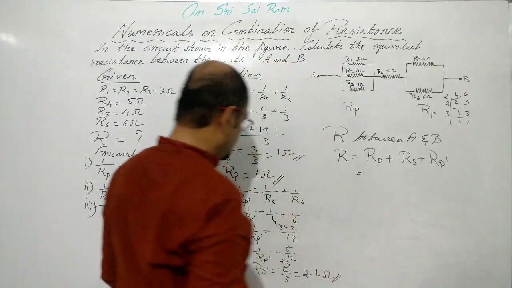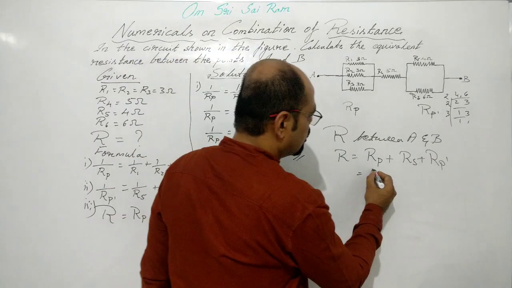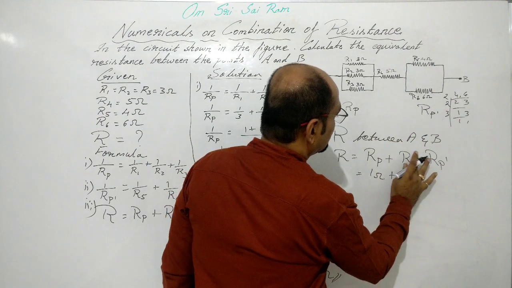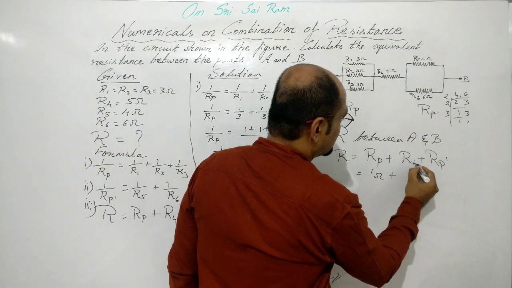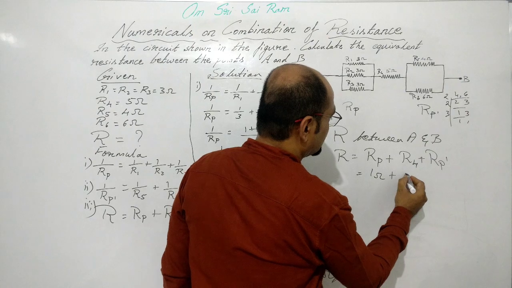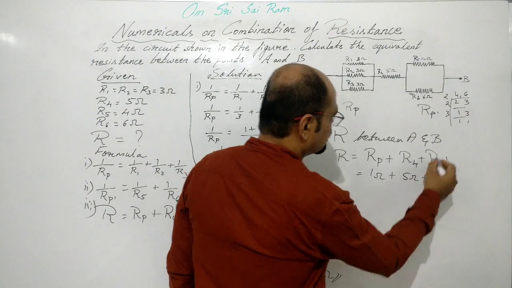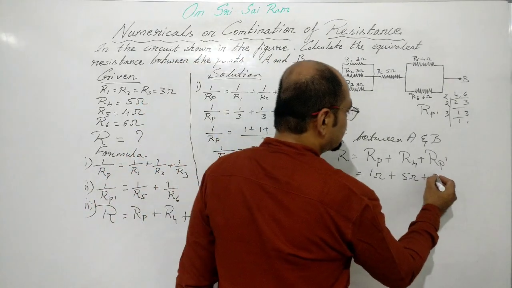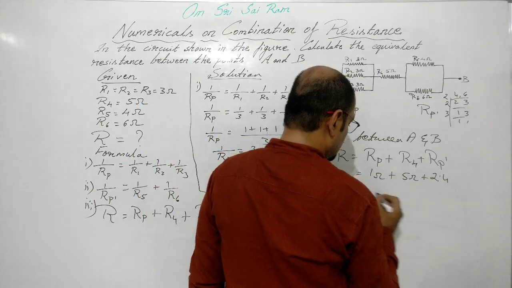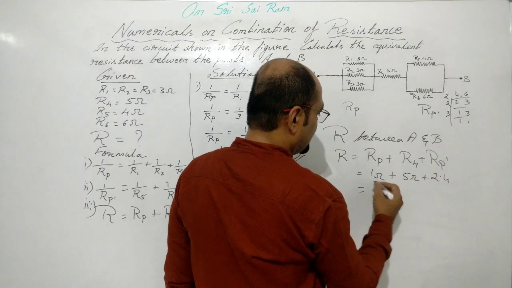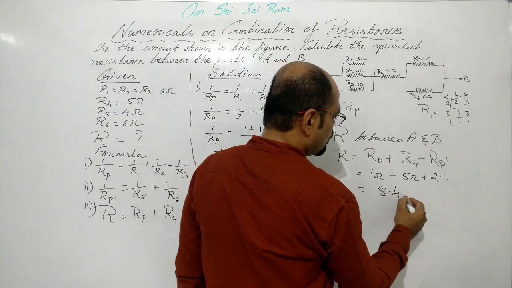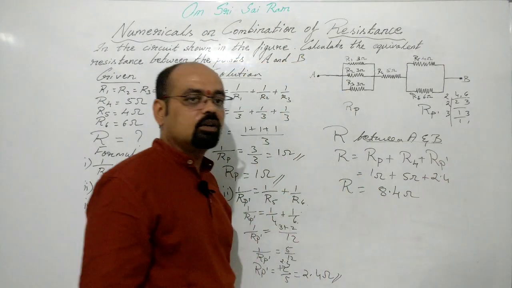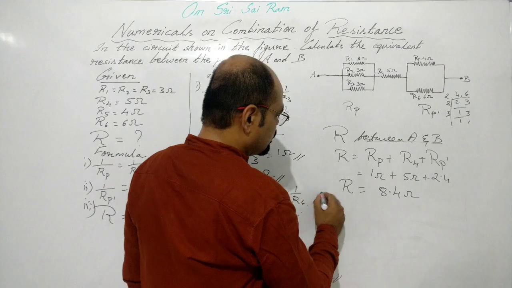So Rp we have got 1 ohm, plus R4, which is 5 ohms, plus Rp dash, which we have got here as 2.4 ohms. So when we add up these, 5, 6, 7, 8, 8.4 ohms is the total resistance between A and B. So the result we are going to write here.